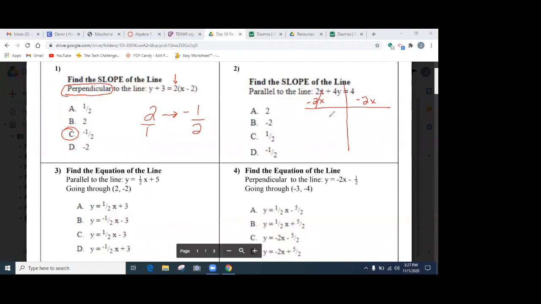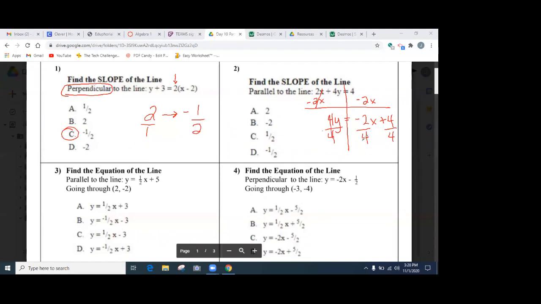That cancels. We're bringing down our 4y, a positive 4y. We never combine these right here. And we got minus 2x plus 4. Then the second thing is we're always going to divide by the number in front of y. So we're going to divide by 4, and divide by 4.